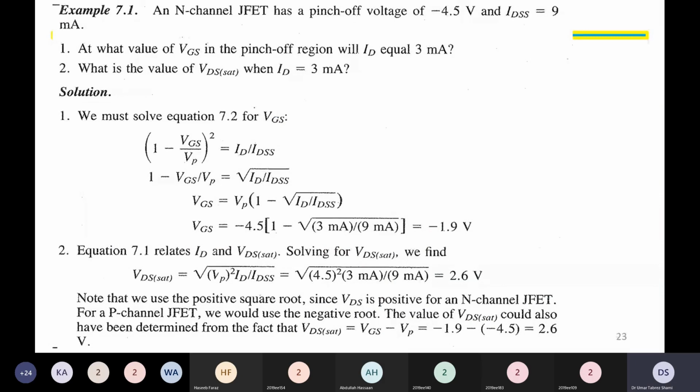So let us come to the solution. For part number 1, at what value of VGS in the pinch-off region will ID equal to 3 milliampere?